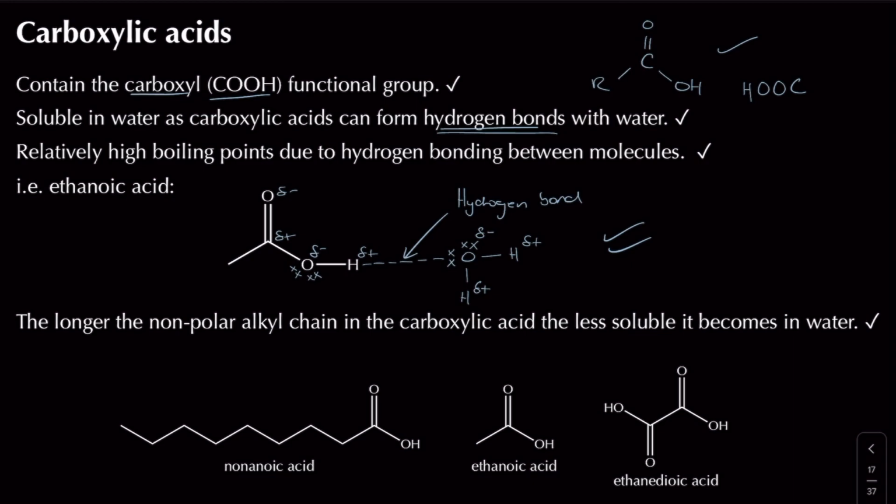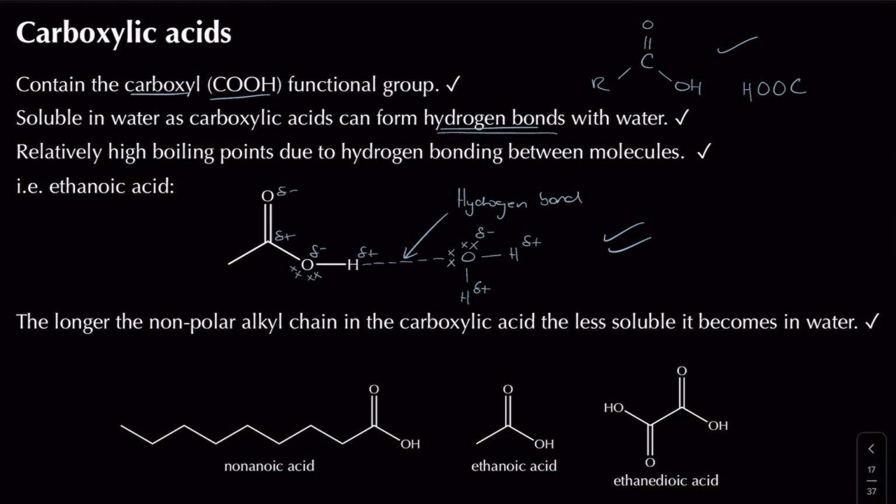Now, this hydrogen bonding can happen between 2 molecules of, let's say, ethanoic acid, and so our diagram will just change where I flip a molecule of ethanoic acid, and I draw my hydrogen bond going from my H to my oxygen's lone pair.